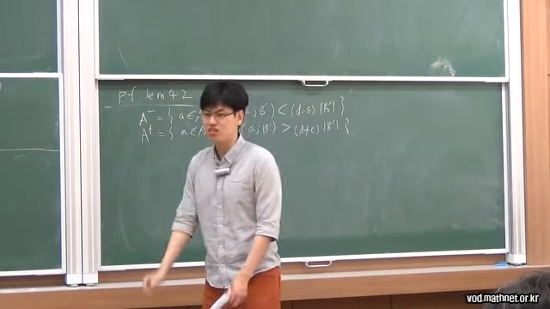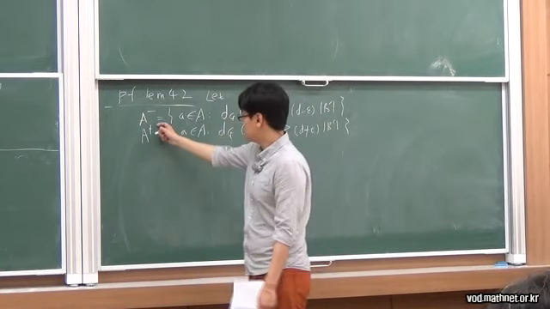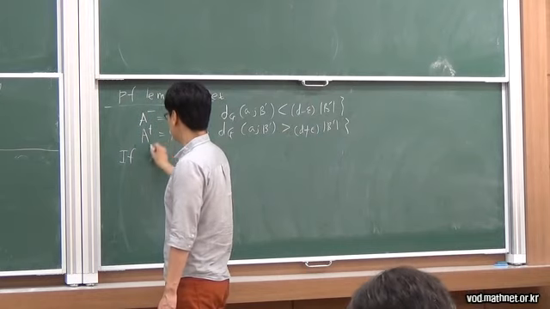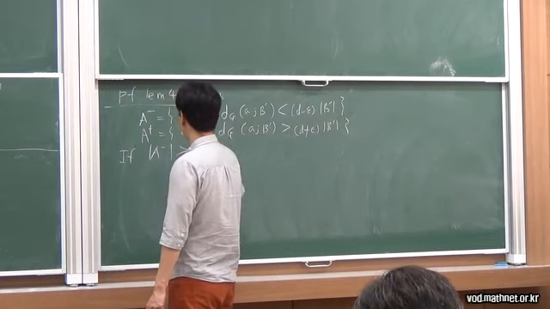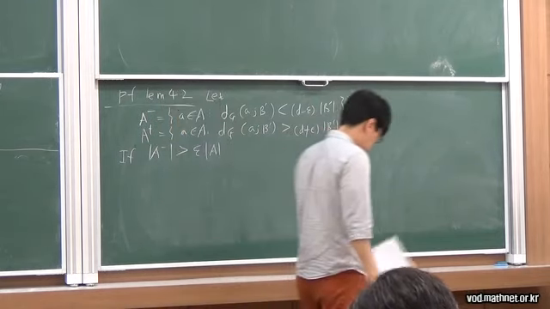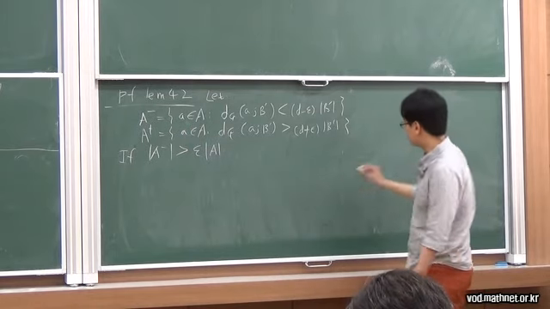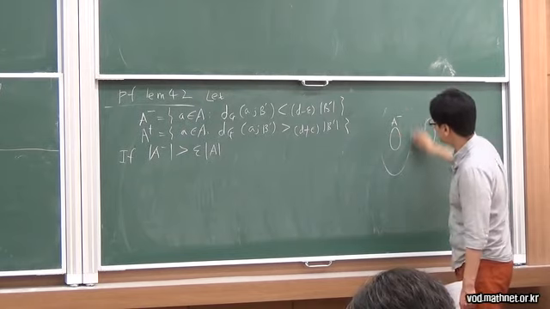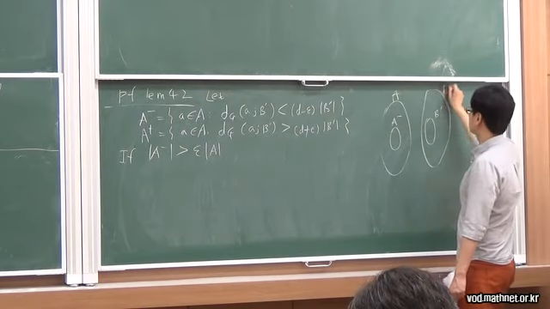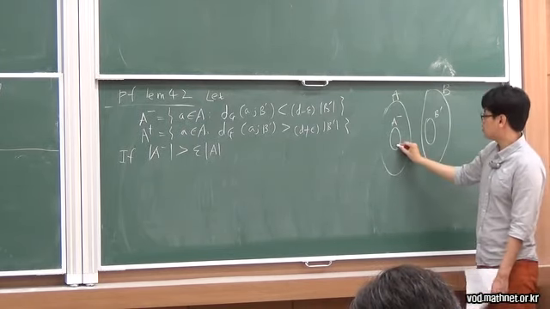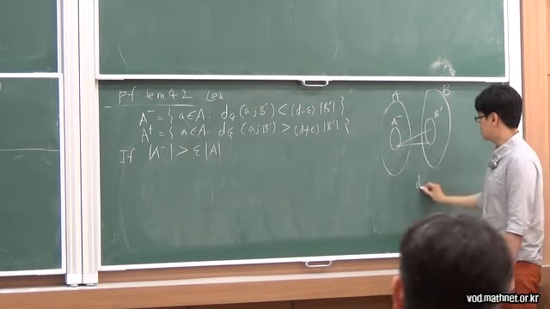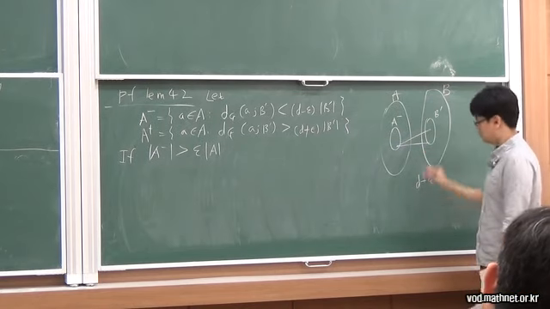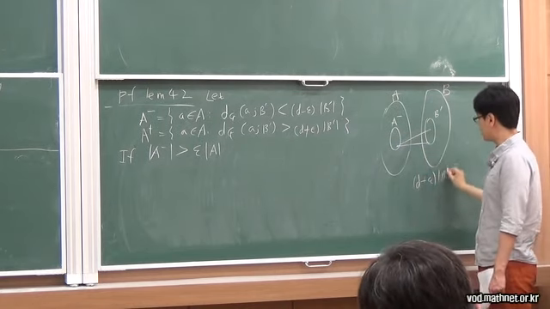Their sum is also small. So let's say the first one is not small. If A minus has size at least epsilon times A, then what happens? We have this A minus and B prime inside of A, inside of B, and all vertices here have at most (d minus epsilon) times size of B edges.